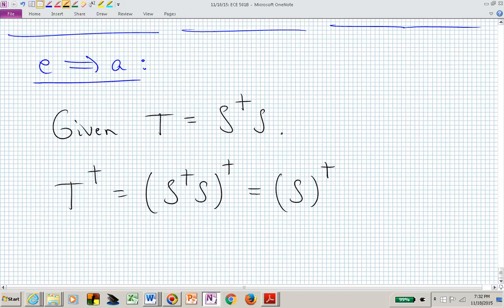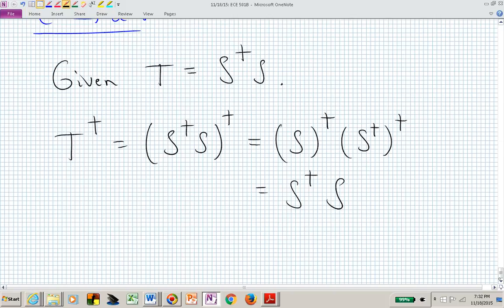We take the right term in that product, and that becomes the left term adjointed, and we have S adjoint adjoint, so we end up with S dagger S. But T was S dagger S, and now we've shown that T dagger is S dagger S, so that T is equal to T dagger.